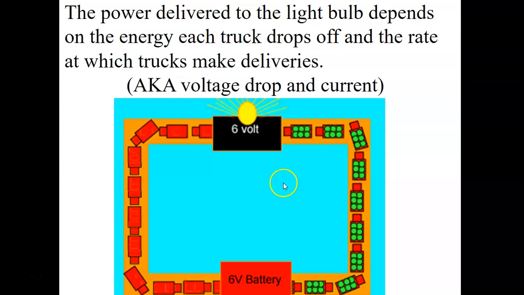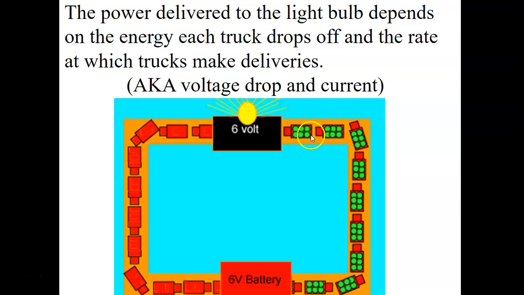So if we switch to electricity, the power, or energy, being delivered to my light bulb here depends on two things. It depends on how quickly the trucks are rotating around in this loop, aka the electrical current, and it would also depend on how many green barrels each truck has.